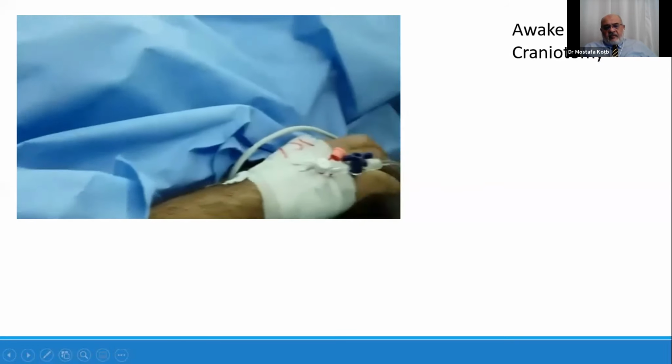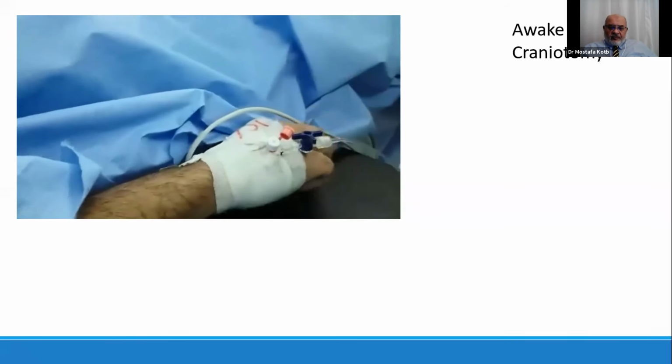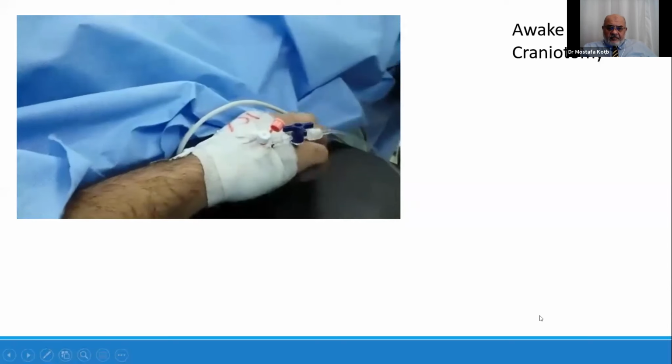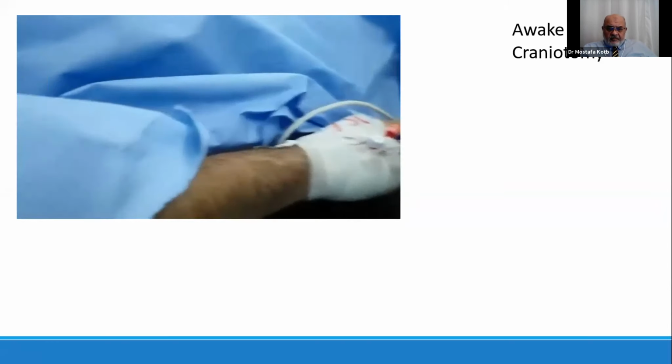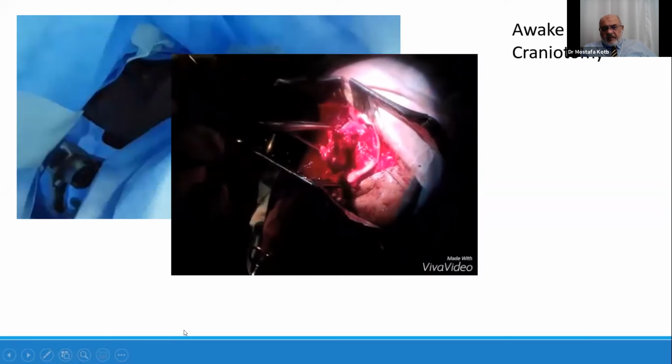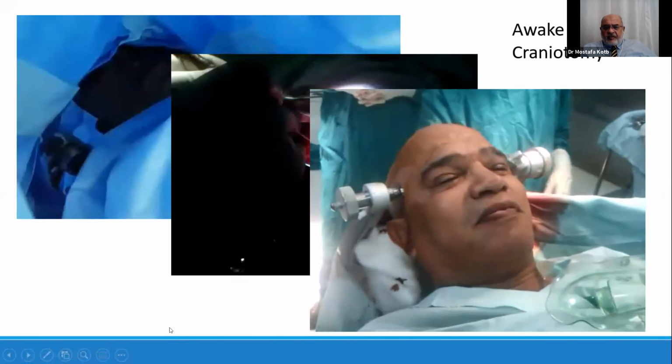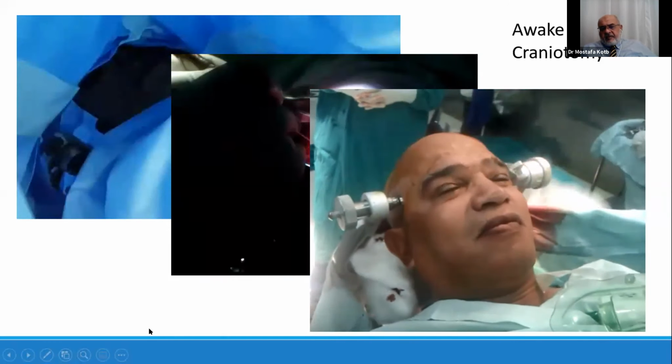And he's communicating with the anesthetist and doing some motor functions. At the same time, the surgery is done until total resection of the tumor. And at the end of surgery, you can see the patient.